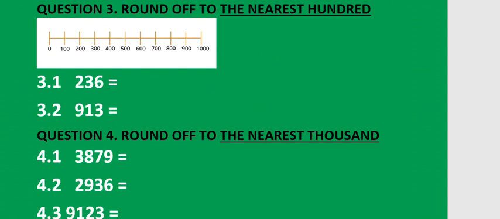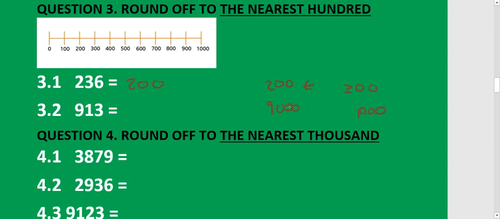What about 236? 236 is between which two multiples of 100? 236 is obviously between 200 and 300, multiples of 100, and it's closer to 200. 913 is between 900 and 1000.